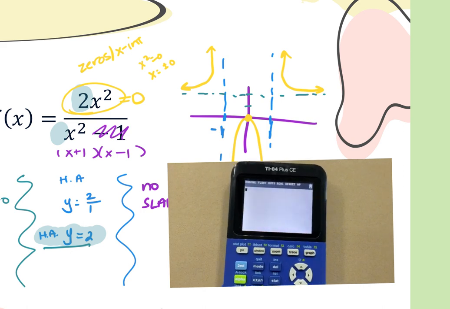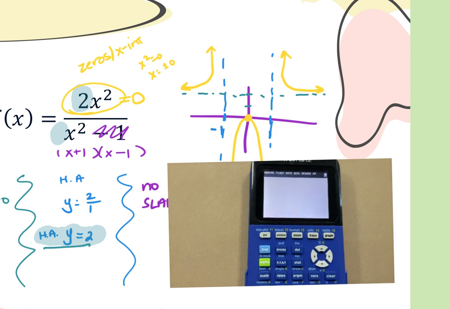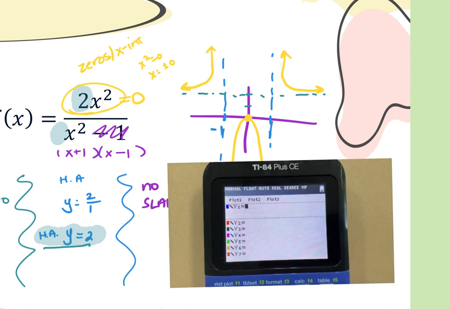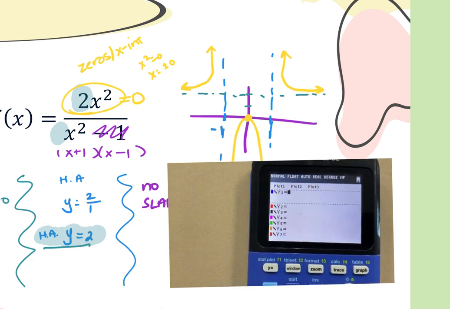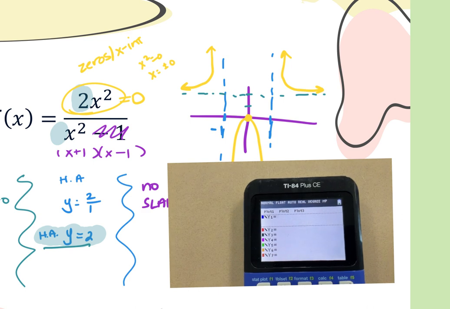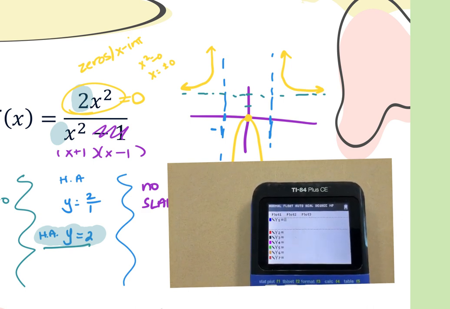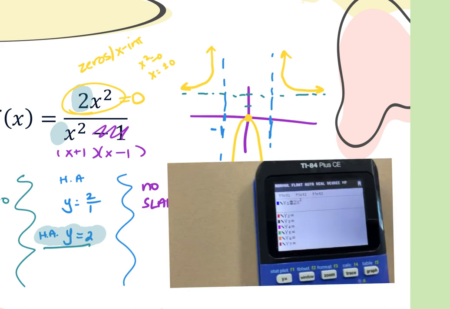Okay, so we are going to graph this on the graphing calculator. I'm going to go to my y equals, because that's where I graph from. And I have to type in that equation, that 2x squared divided by x squared minus 1. You have to use parentheses when you have more than one term in the numerator or the denominator, so be careful here. The 2x squared can just get typed in as is because there's not another term.